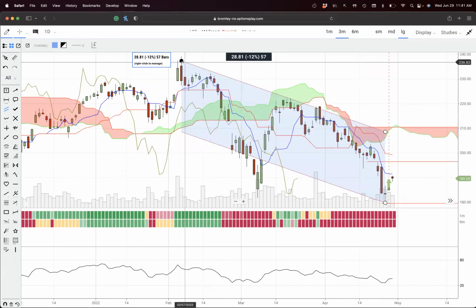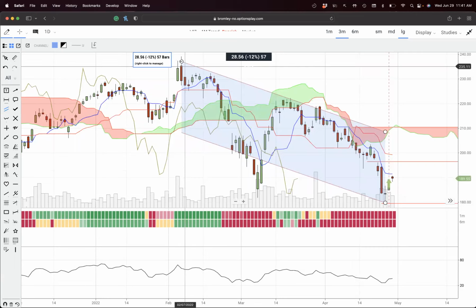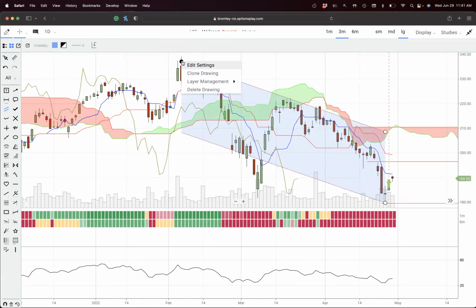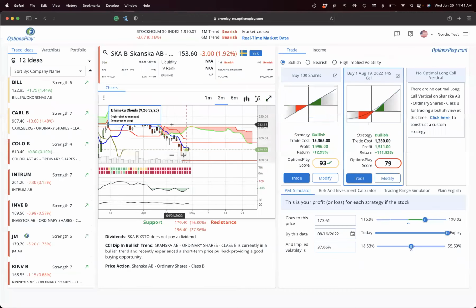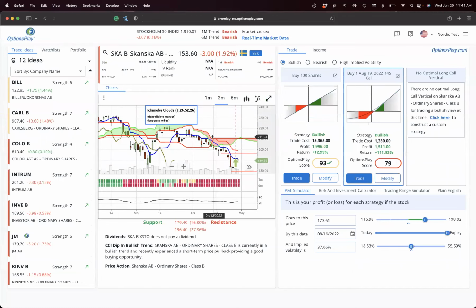So this is now all available to you on the new charting package here within OptionsPlay. And like I said, the most important thing is the ability now to save your charts, save your indicators, so that the next time you come back in, they're all still here. You don't have to add your indicators every single time you use your charts.